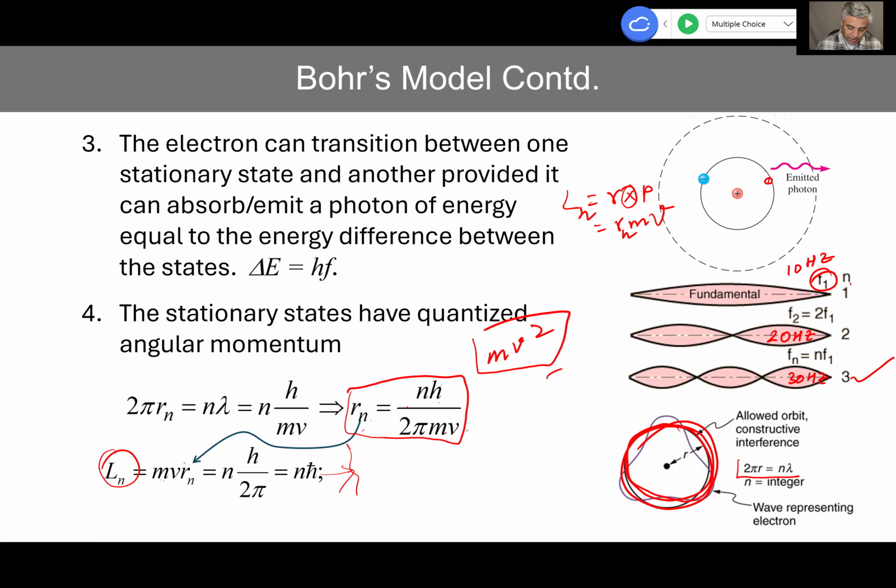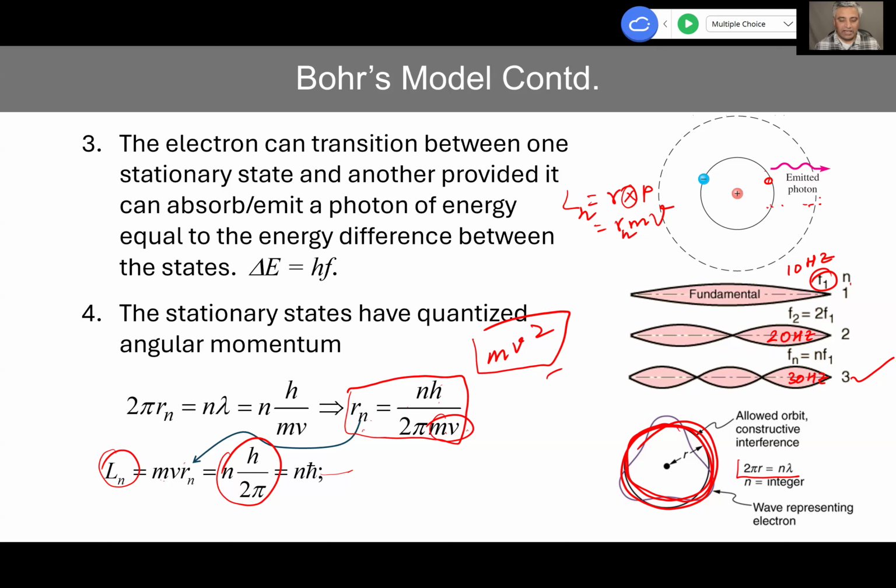If you plug that in there, this mv cancels, giving you just this. So now you have n h-bar, sometimes called h-cross, that's what it is called. So we are in the process of deriving the different energy levels for an electron that's going around an atom, okay?